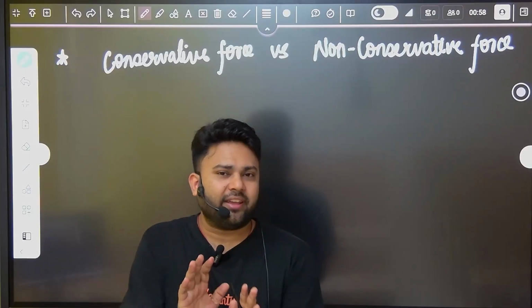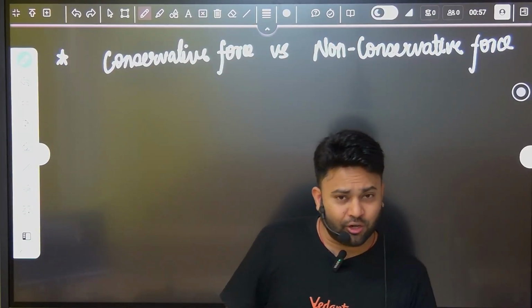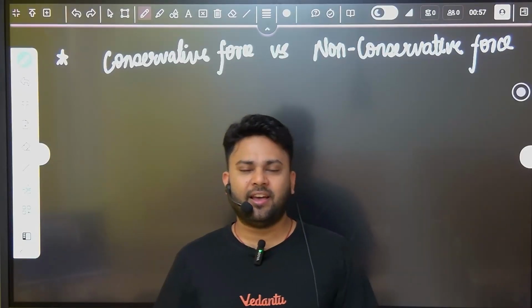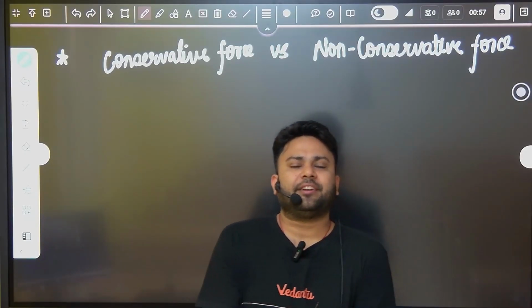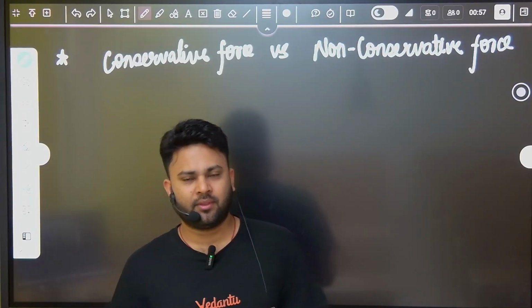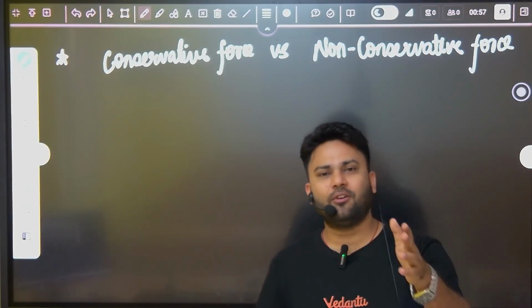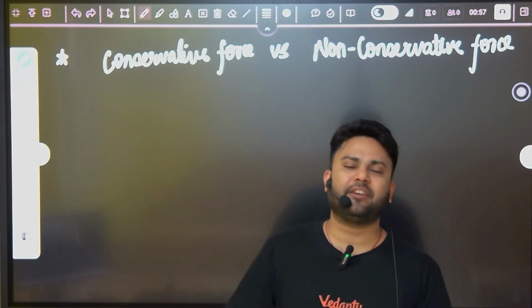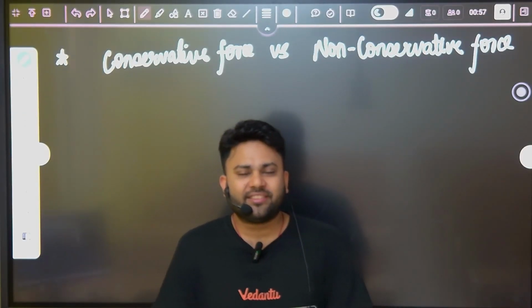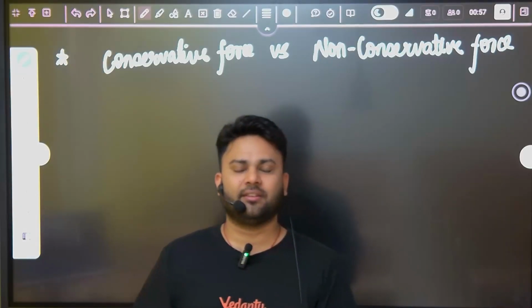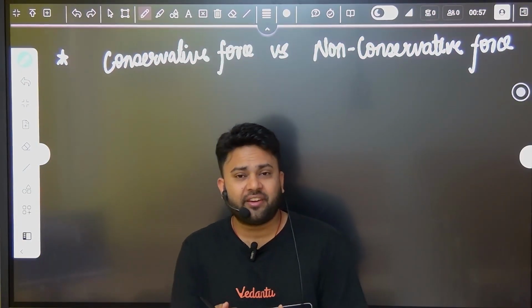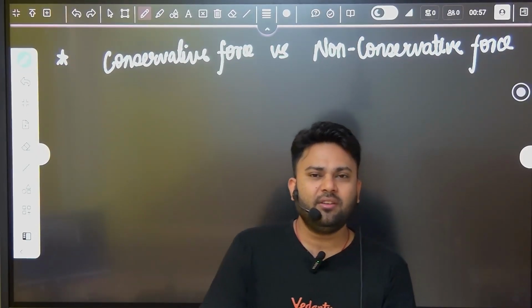Whatever path you take, whether you take the long route or the shortest route, I will give you the same fare, that is 500 rupees. So here you can say this fare is conservative in nature. Means this does not depend upon path. Your fare does not depend upon path.